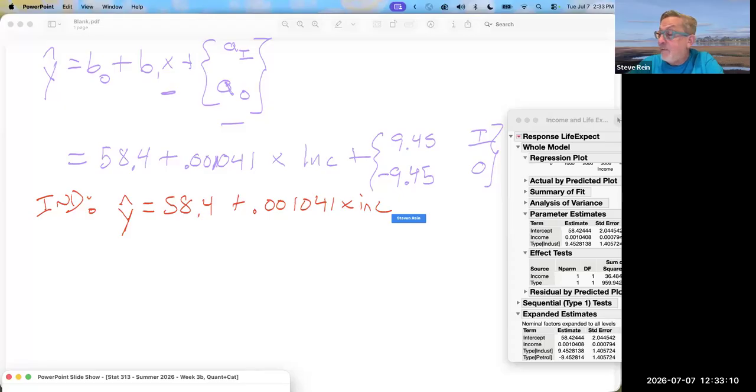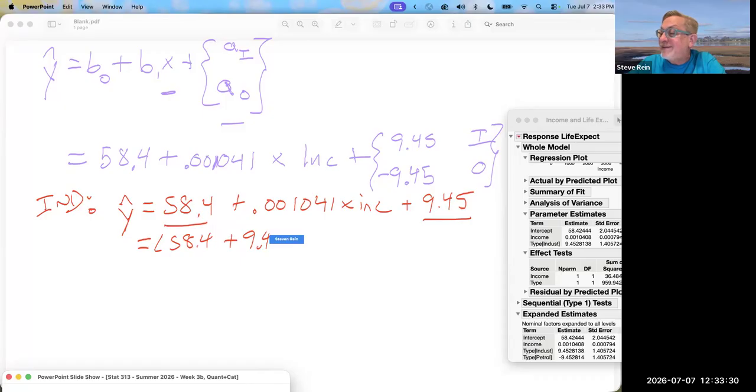I'm just copying it down from upstairs, but I'm now adding in a 9.45. Now I'm spotting that these two terms here don't have times income in them. Let's collect them together. So you would say 58.4 plus 9.45.